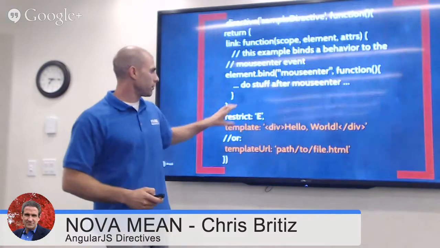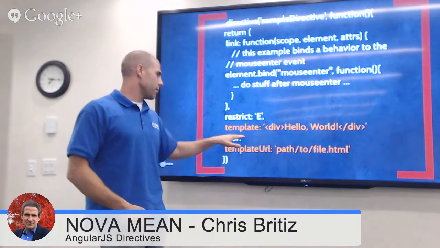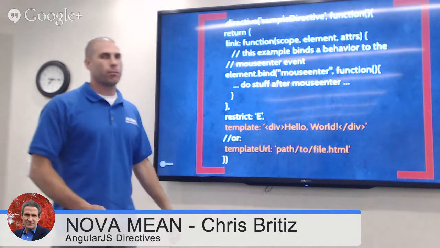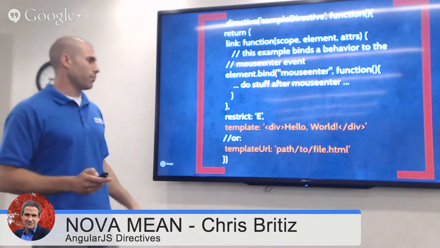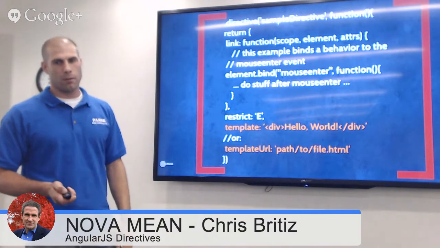But what if you list both the template and the template URL in the same directive? I don't know. I think the template will provide whatever you have in the template. I'm guessing on that, but if I had to take a wild guess, that's what I'm saying. But I'm going to try it after this.